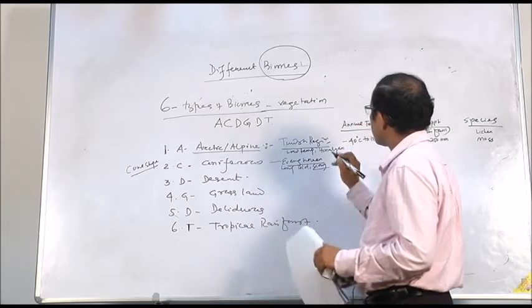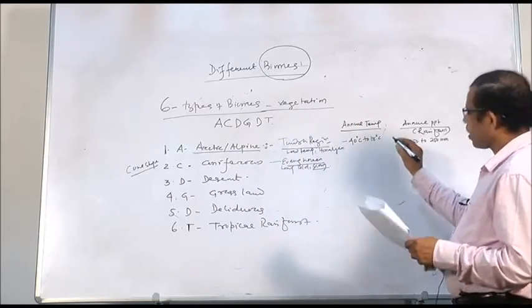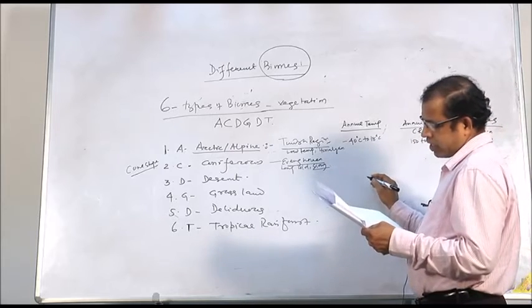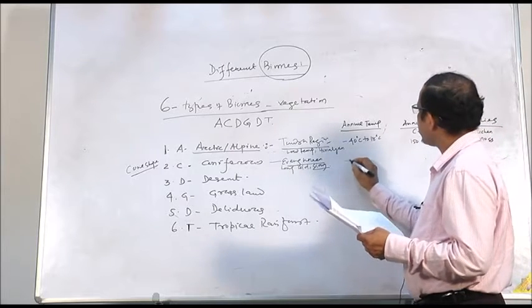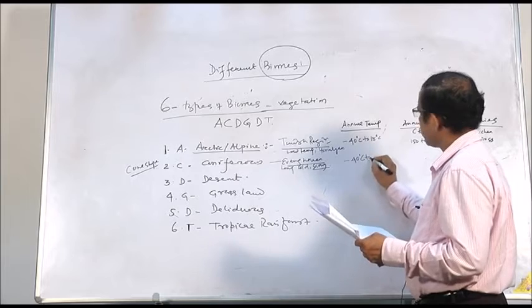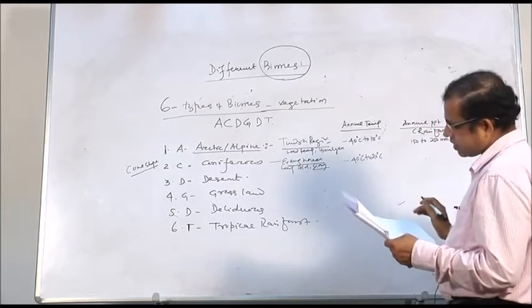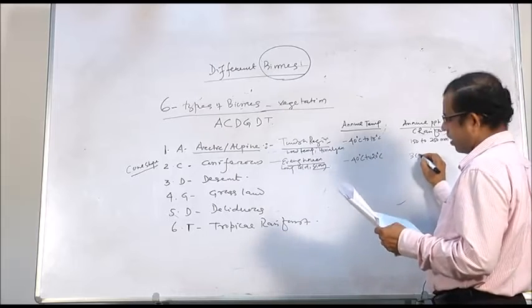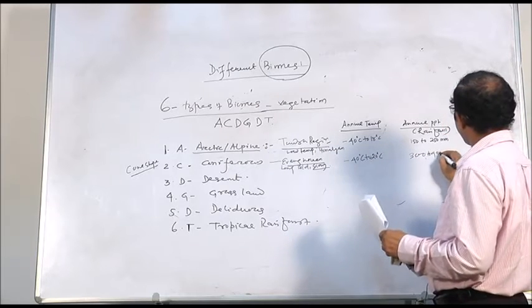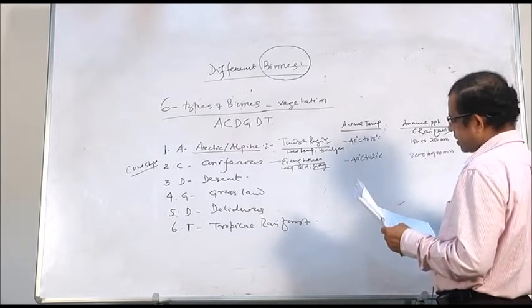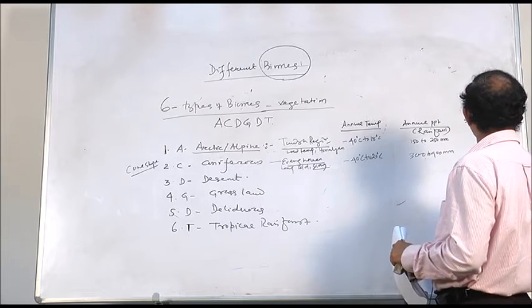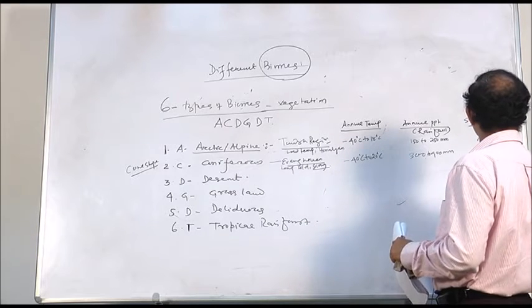The temperature here is -40 degree to 20 degree, that is the range, and rainfall is 300 to 900 mm. The species here are Pinus and Abies.